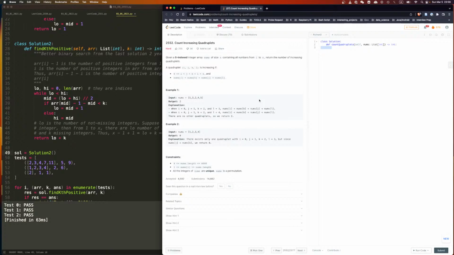1, 3, 2, 4, 5. What we want is I smaller than J, smaller than K, smaller than L. But it's I smaller than K, smaller than J, smaller than L. So basically I and L, I is the smallest, right? L is the largest, both in value and index.